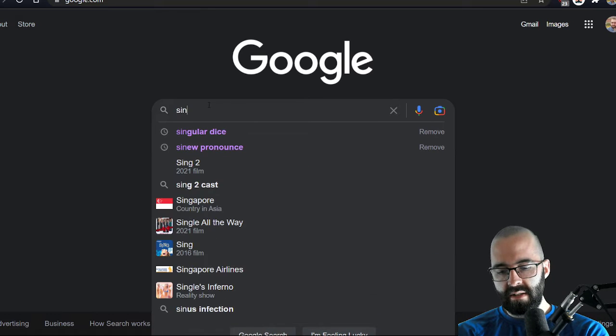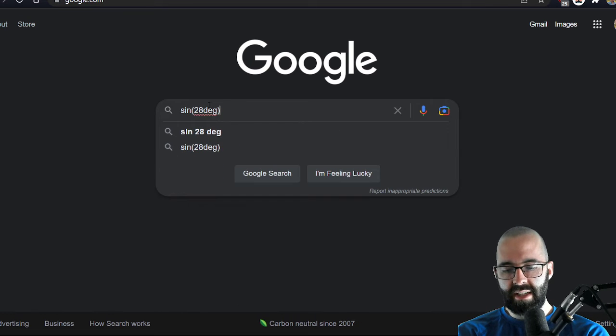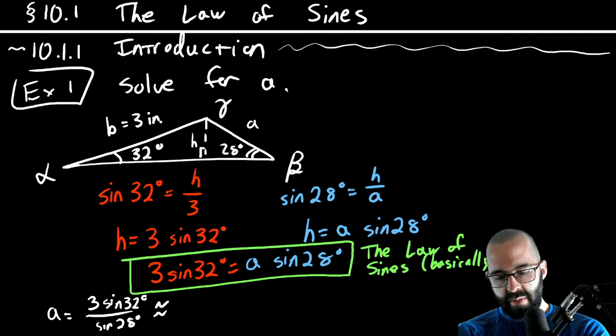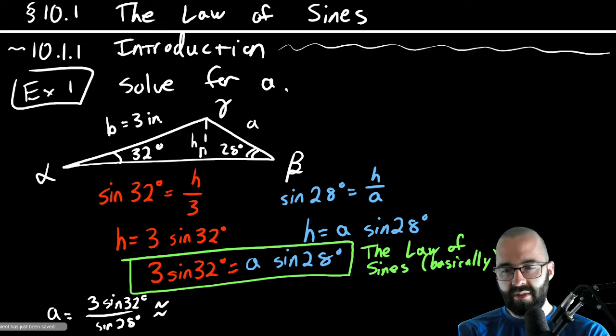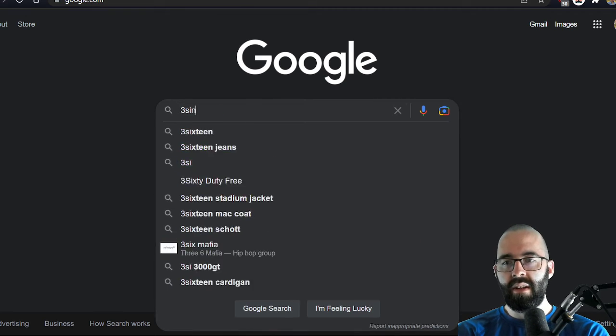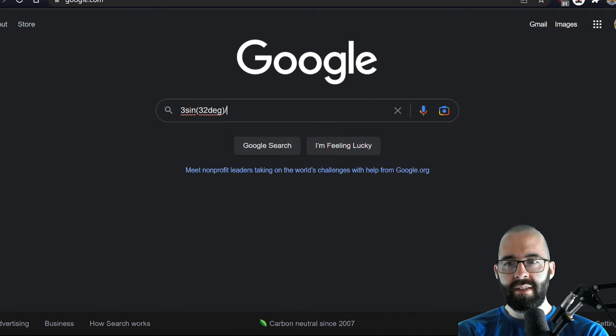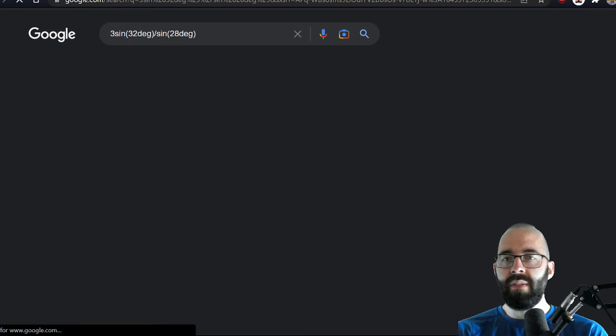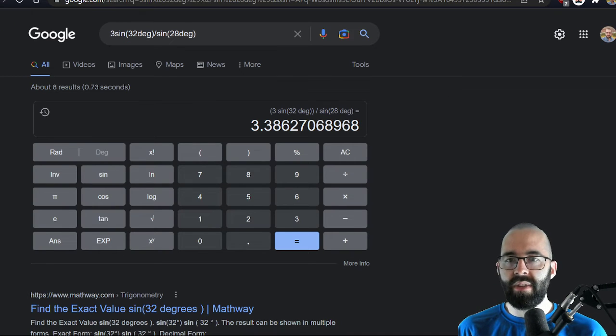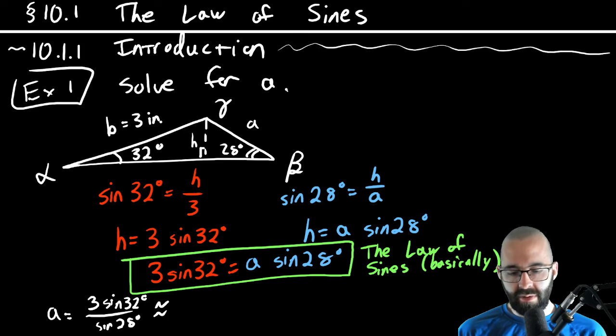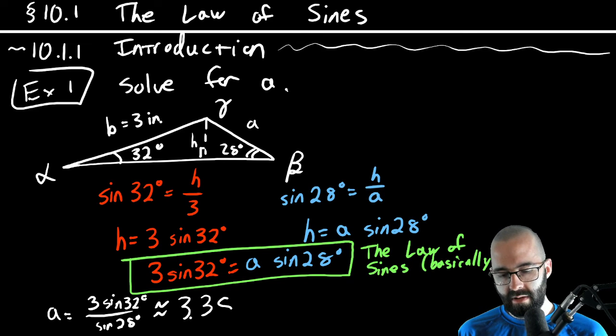Sine of 28 degrees. You can just type in DEG. A is equal to 3 times the sine of 32 degrees divided by the sine of 28 degrees. That's going to give us about 3.3863 inches.